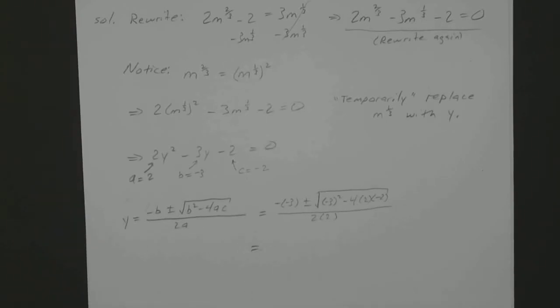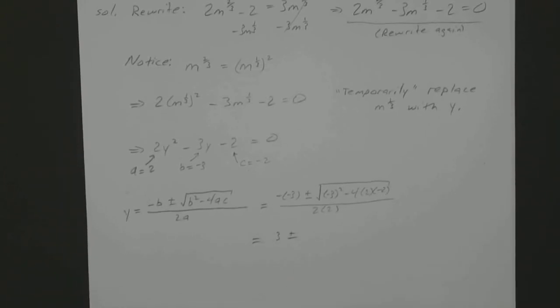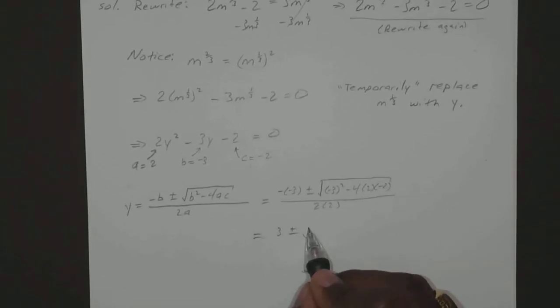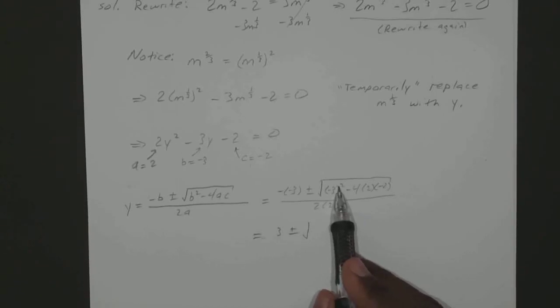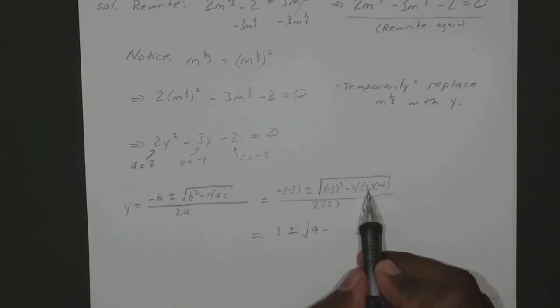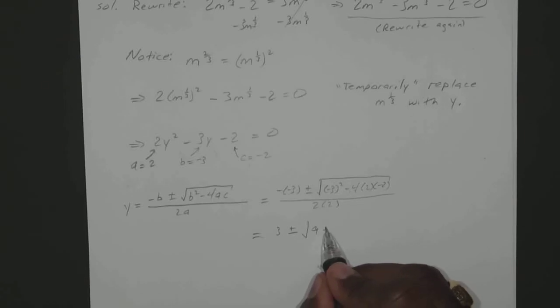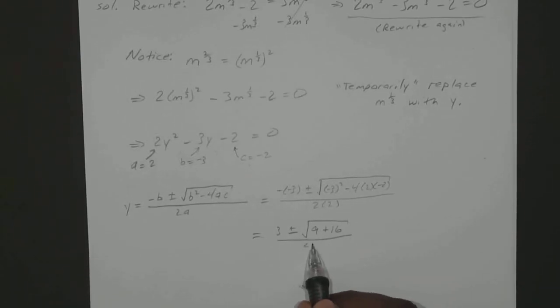Okay, so we end up with negative and negative is positive, so that's positive 3, plus or minus the square root, negative 3 squared is positive 9, minus 4 times 2 is 8, 8 times 2 is 16. You have a negative and negative is positive, so that's plus 16, over 4.